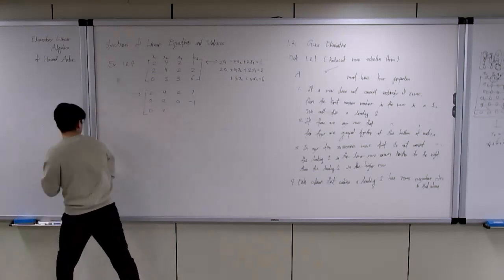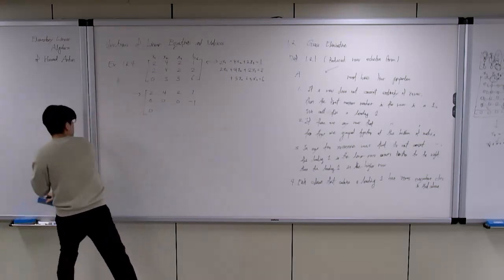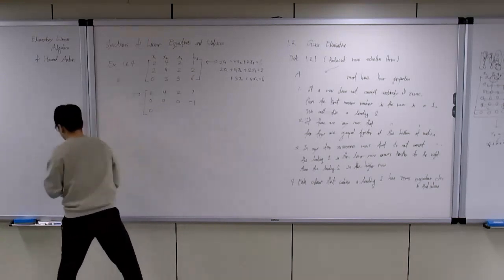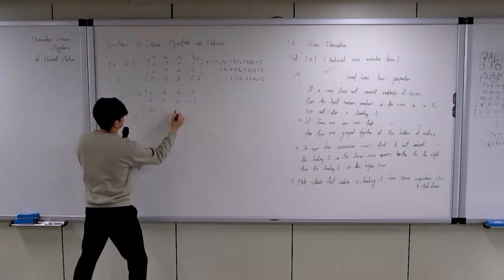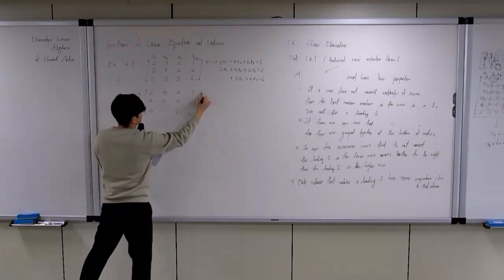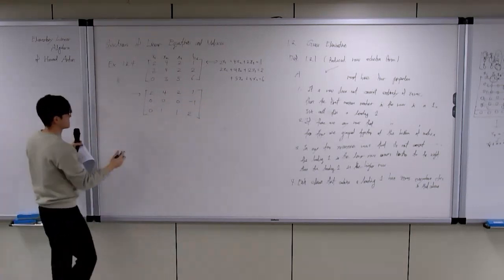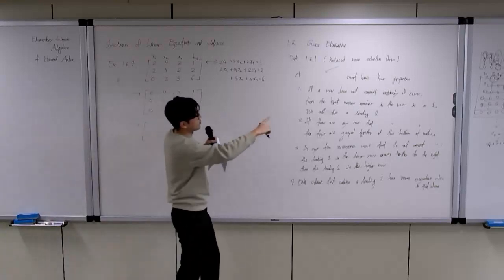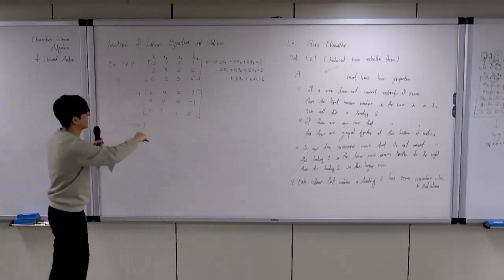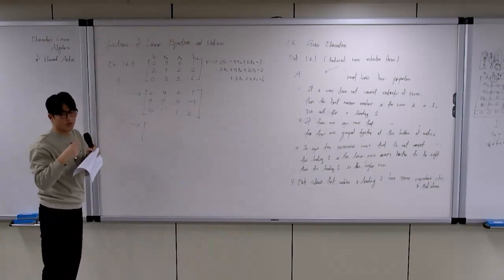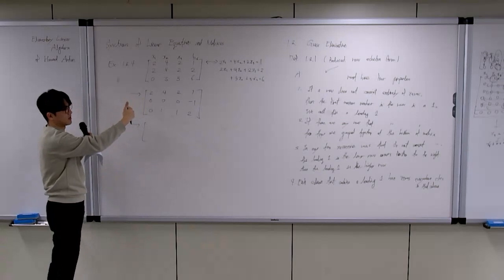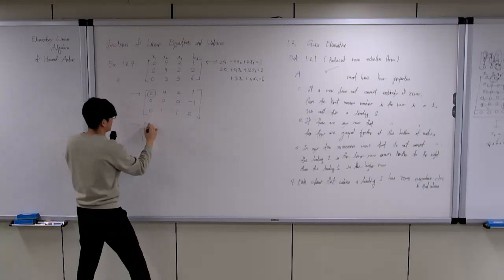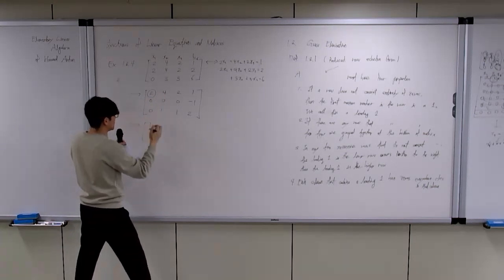We will divide the third equation by 3, and to make reduced row echelon form, we want leading ones on the most left side, so we will make the number 1 by dividing by 2.